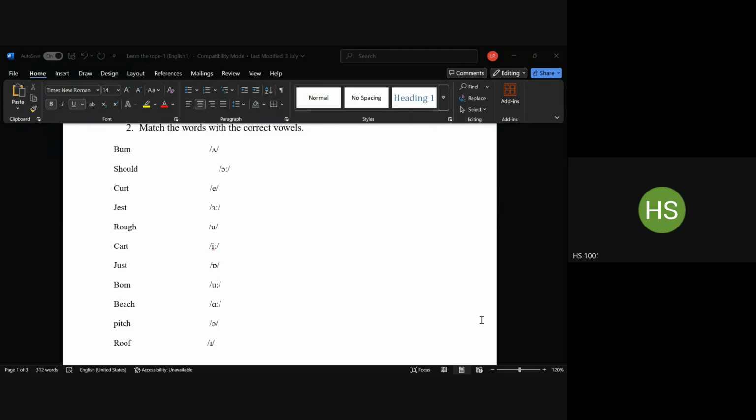Then the one which we left out was the sound, as in the word curd. I think last time we discussed this, the long sound, which is the longer counterpart of the inbuilt vowel, right? Curd. Which one sounds closer to curd? Kurt. Kurt is one. So both Kurt and curd have the same vowel sound, right?